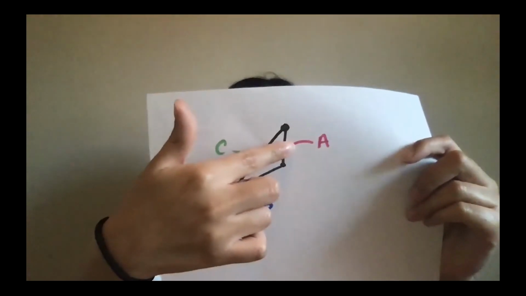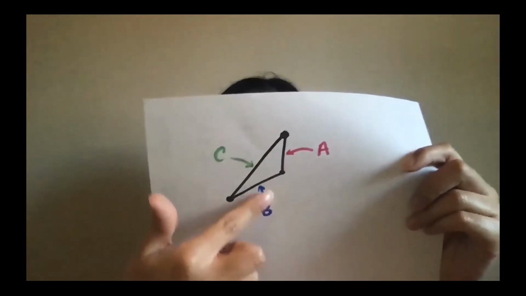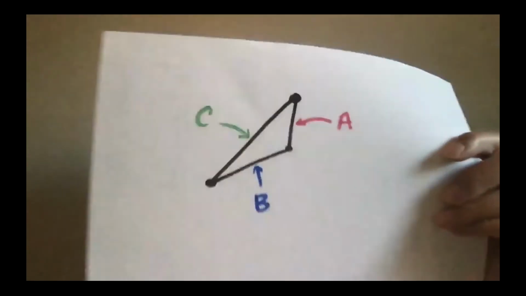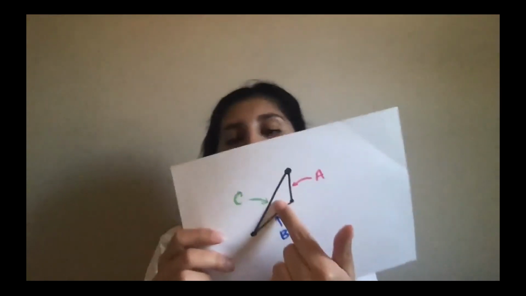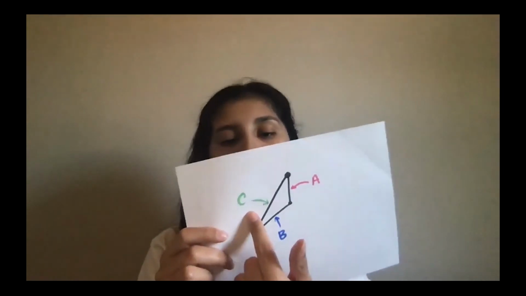And this side could be A, this side could be C, and this side could be B. So you can draw your triangle, have your 3 different sides, and then if you have a ruler, go ahead and measure them. How long is A in centimeters, how many centimeters is C, and how many centimeters is B. And you can put them in order from shortest to longest. So go ahead, do that.